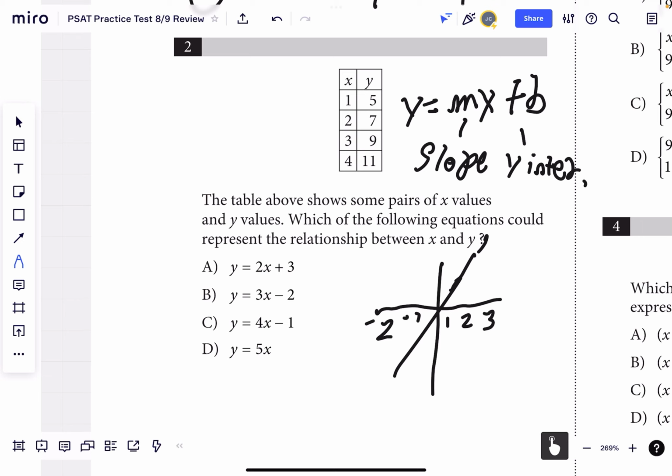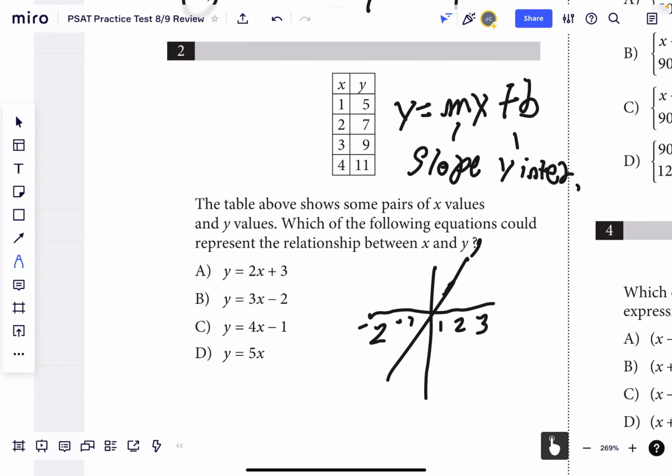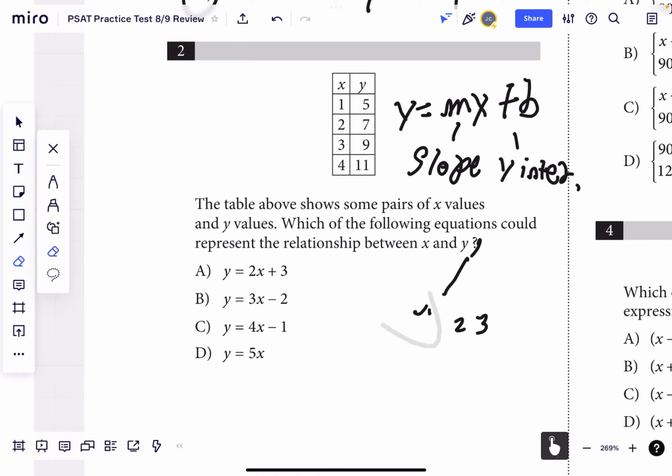So our slope would be, let's say we start here. Basically it's how many places rise over run. So if we go up, how many spaces are we going to go right? Let me visualize that. Now stick with me because I will teach you an easy way.